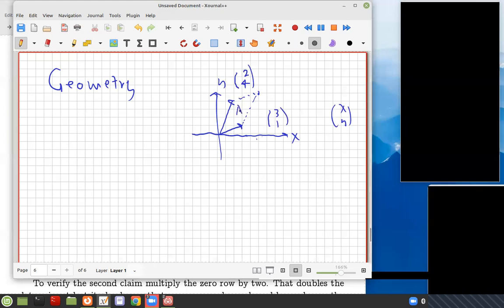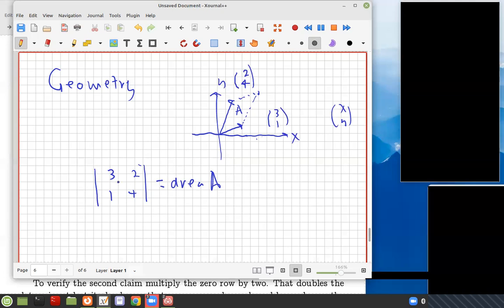Well, this area here is going to, if I make the matrix, where this one here is 3, 1, and this one here is 2, 4, then the determinant of this matrix here equals area A. That's the result.